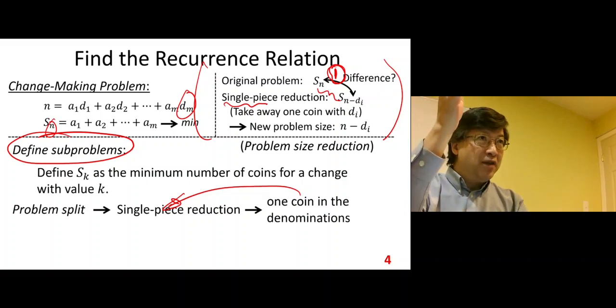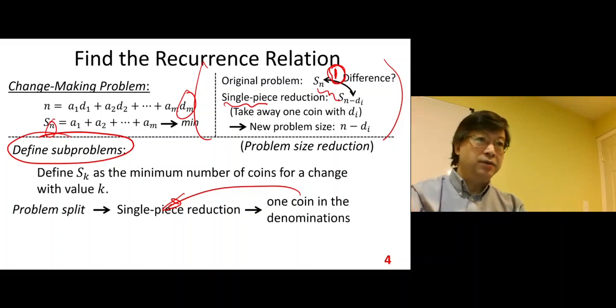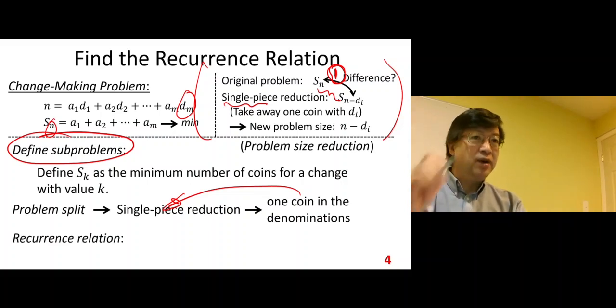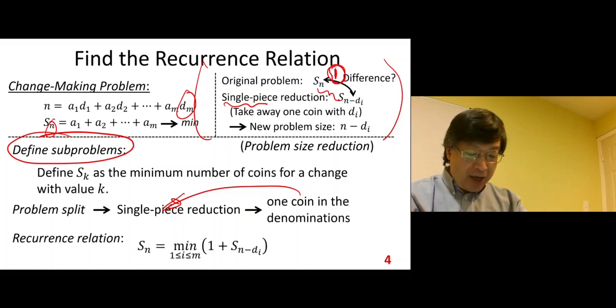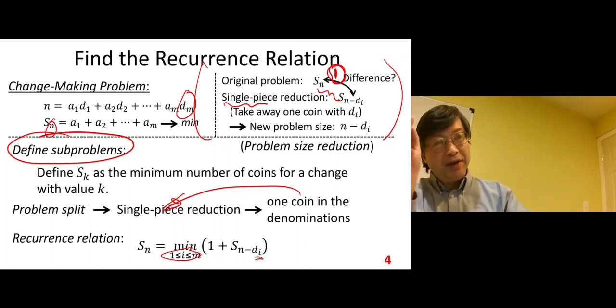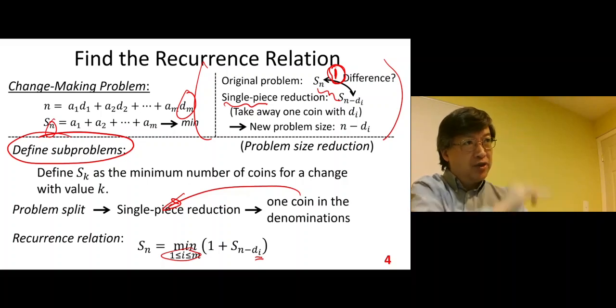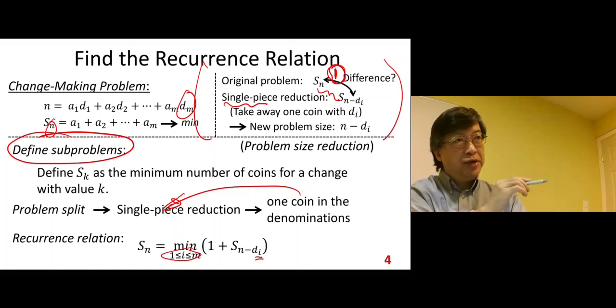So now, based on this analysis, we are ready to write out the recurrence relation. Sn equals the minimum number. For the optimal solution, we want to find the minimum number, because i could be any number from 1 through n. So when we do reduction, we try all the possibilities: we reduce the problem size by the coin of the first denomination, the second denomination, and so on.